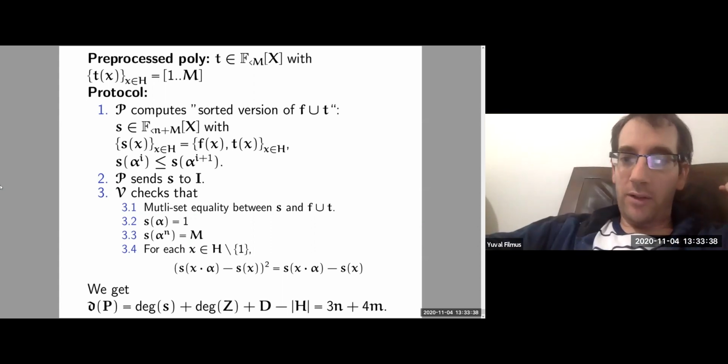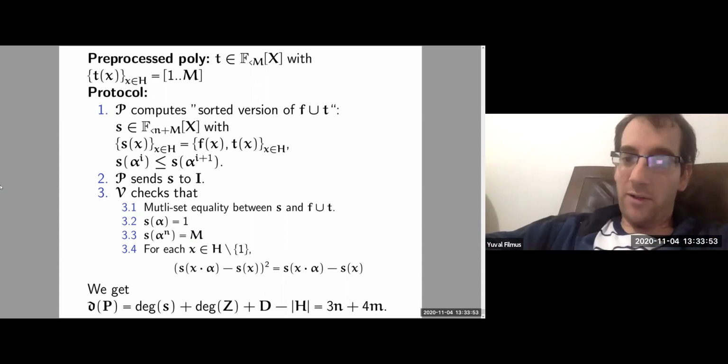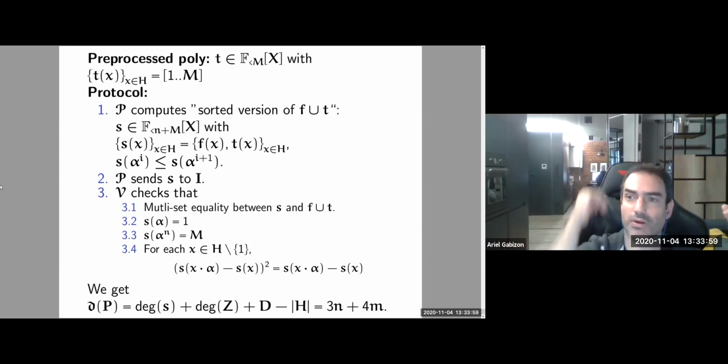And for the multi-set equality, you need the number of times that each element appears to match, no? Yeah, the multi-set equality guarantees that. But you don't know how many ones, how many twos, and so on. I don't know. I don't know.